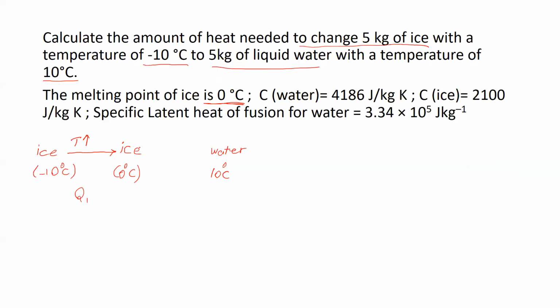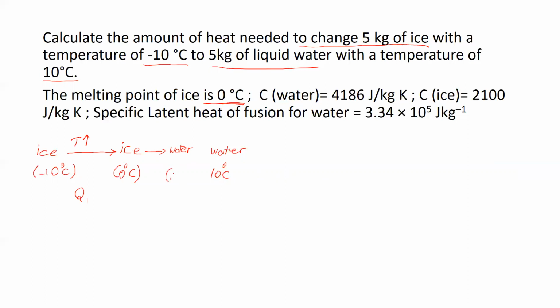After that, you have ice at 0 degrees Celsius, and you know the melting point of ice is 0 degrees centigrade. It means at this point, we have a change of state. Ice is changed to liquid water. But we don't have any change of temperature.